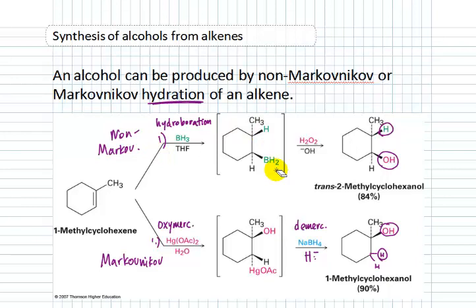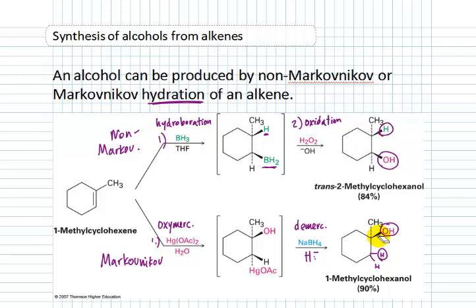In this case, the H is in the Markovnikov position, the BH2 is in the non-Markovnikov position. So hydroboration and then oxidation, where the BH2 gets replaced with the OH, but now in the non-Markovnikov position. Regiochemistry is Markovnikov or non-Markovnikov. That's where something gets added.